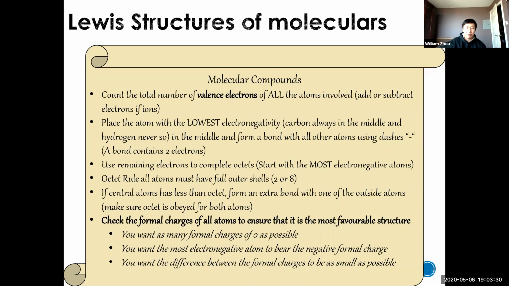Okay, now who do you give the electrons to first? Because you're going to have multiple atoms and they all want electrons. Who gets them first? There's a hierarchy. There's a priority list. If we all get stranded on an island and a helicopter comes and drops food, who gets the food first? Well, obviously I do because I'm more important than you guys, right? There's a hierarchy. So same thing here. Who gets the electrons?